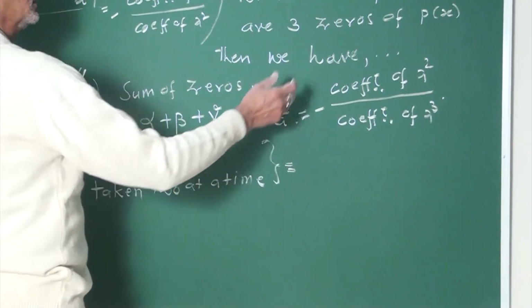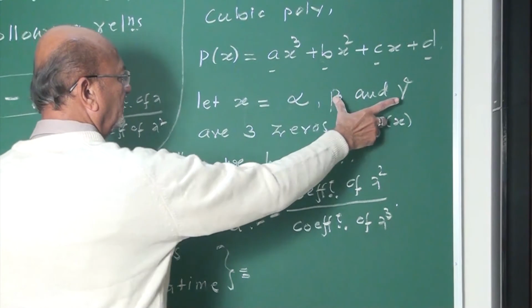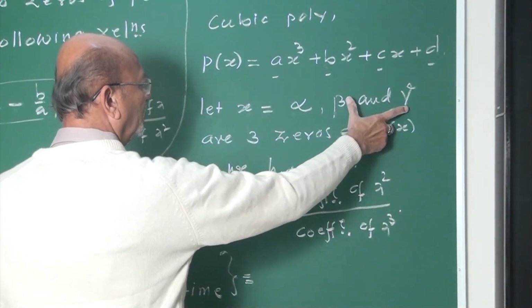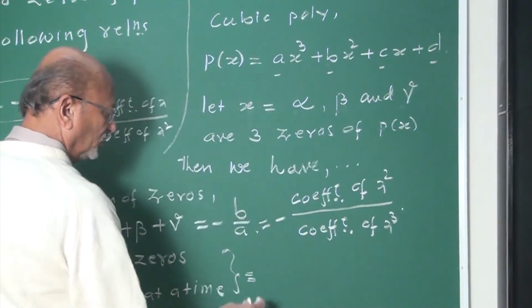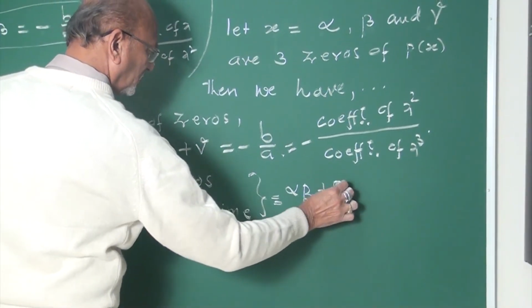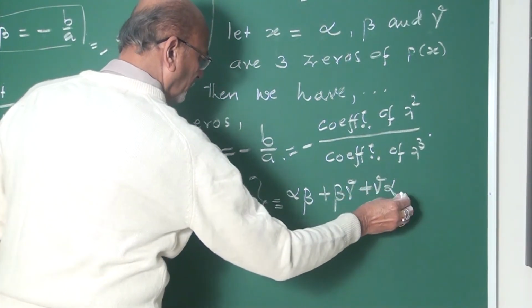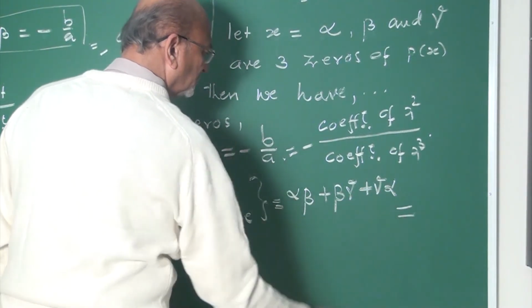These are your zeros, taken two at a time: alpha, beta; beta, gamma; gamma, alpha. So this is alpha beta plus beta gamma plus gamma alpha, equal to the same.